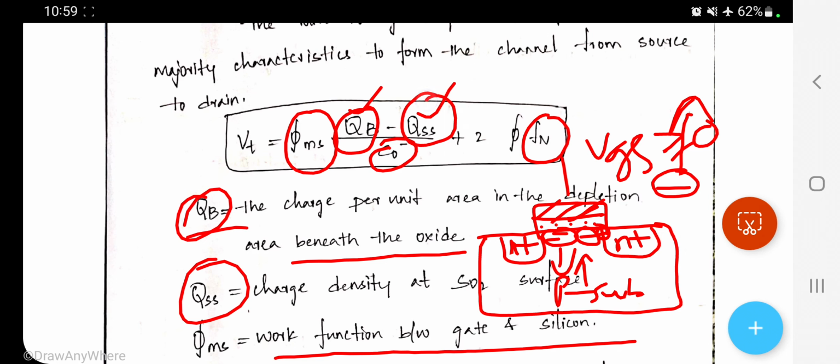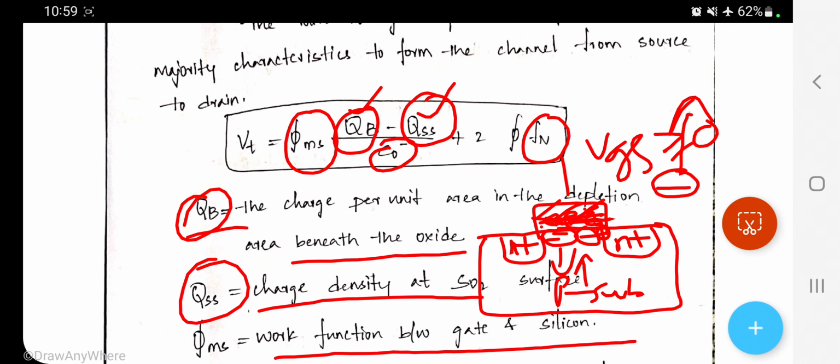Now coming to QSS, this is the surface state charge density, that is the charge density in the silicon dioxide. Whenever we apply VGS greater than Vt, the channel is formed. Because of this high voltage of VGS, some of the electrons are going to be trapped in the silicon dioxide, in the polysilicon region or inside the silicon dioxide itself. Some of the electrons are trapped. Now we switch off the NMOS transistor, the work is stopped.